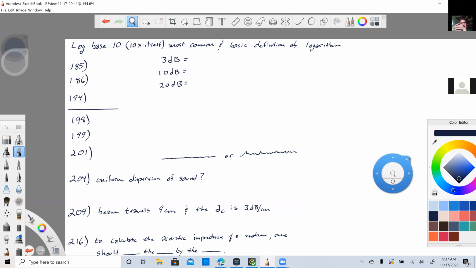When it's base 10, it literally means 10 times 10 times 10 times 10, and so on and so forth. When you keep multiplying things by 10, the values go up very fast.